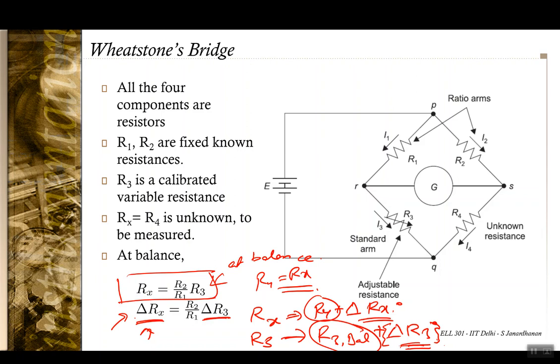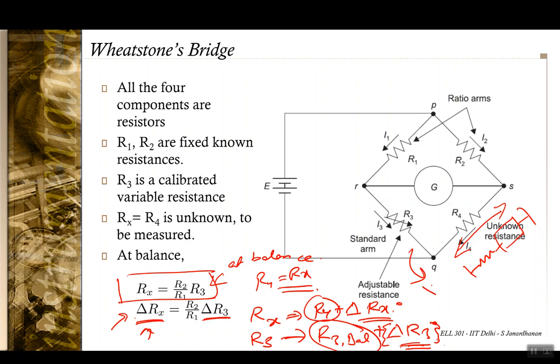The reason is that the unknown resistance can be only a part of this R4 branch, or similarly the standard arm, the variable part can also be only a part of R3.